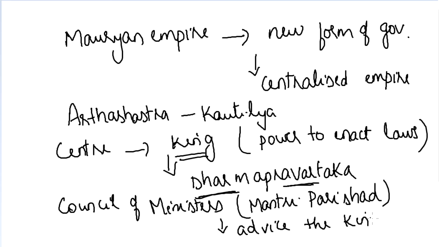So first, in the center, the king was there who had the power to enact the laws and was called Dharmapravartaka. After the king, there was the council of ministers or Mantri Parishad, and their duty was to advise the king. So those were the two structures in administration.